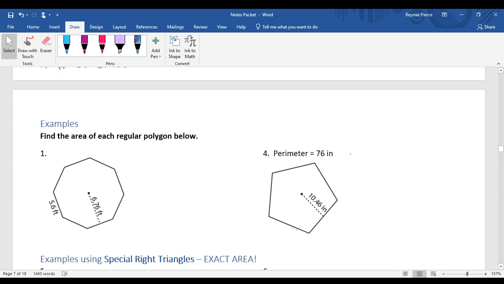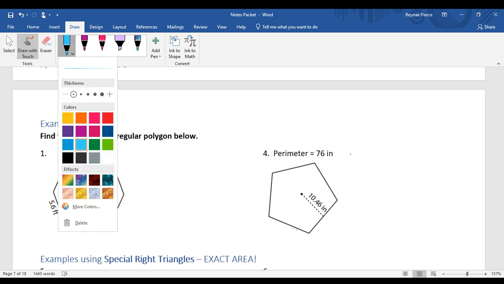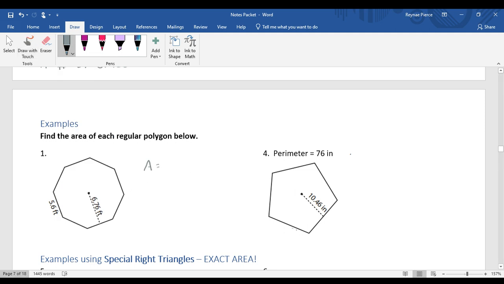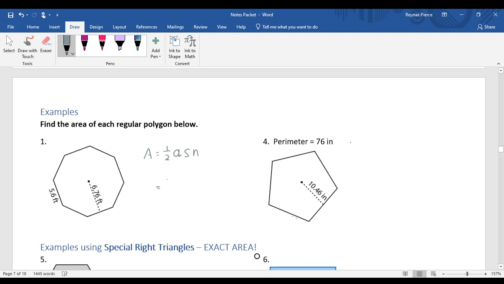So these first two examples, pretty straightforward. This first one, we've got the apothem and the side length. Since we've got just that side length, we're going to do 1/2 ASN. Remember, my apothem goes from the center perpendicular to a side. So 6.76.